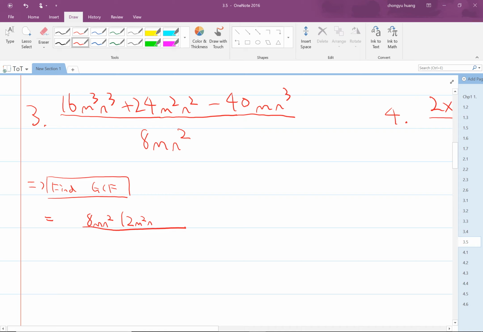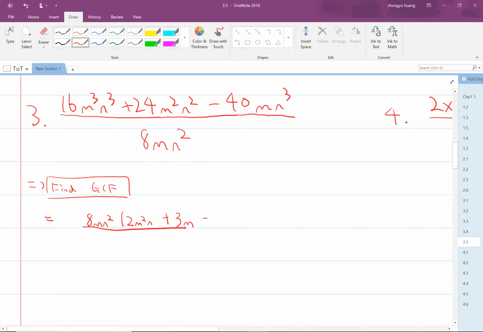And then we have a plus, and 8 multiplied by 3 is 24, so you write down 3. And then m multiplied by m is equal to m squared, so you write down m. And then we have n squared and n squared, so we don't have to write down anything for n.